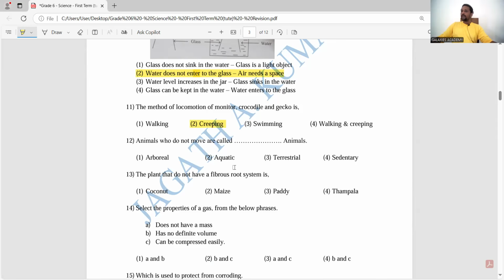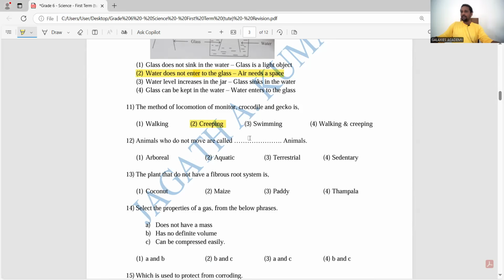Second answer given, aquatic. Aquatic means they live in water. The example, fish, they also can locomote, right? They can move from one place to another place. So it is not the correct answer. Terrestrial means what? Terrestrial animals, examples, we, right? We live in where?